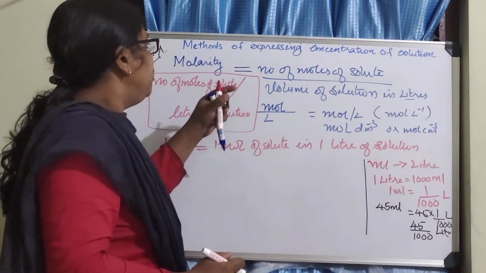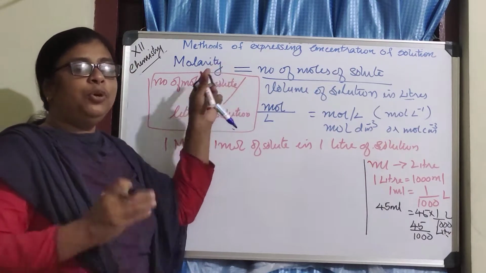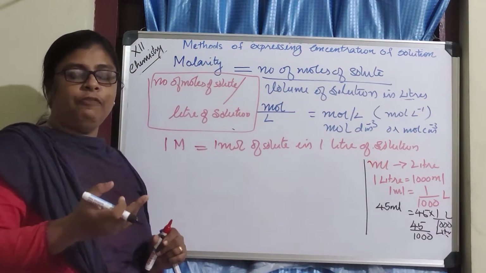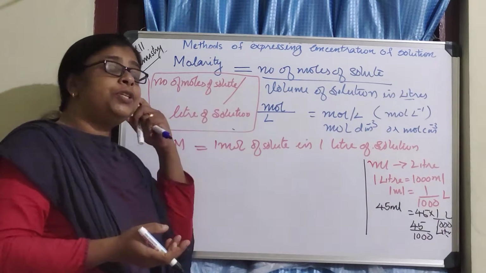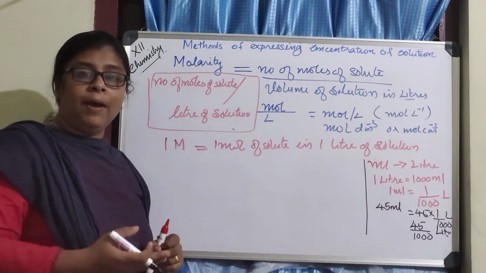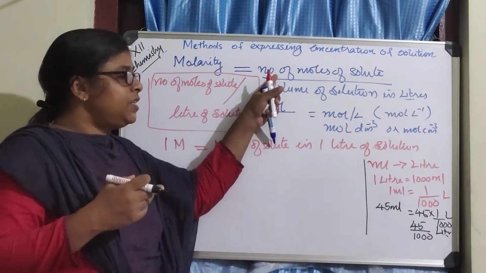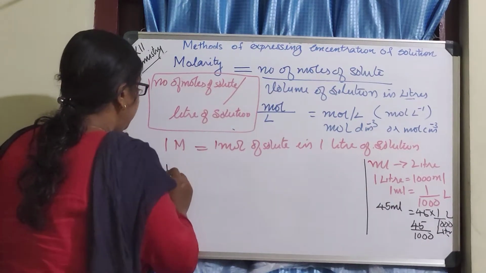So we can modify this equation to use it as it is. If we are having the volume of the solution in ml, we can modify this equation. That is molarity.